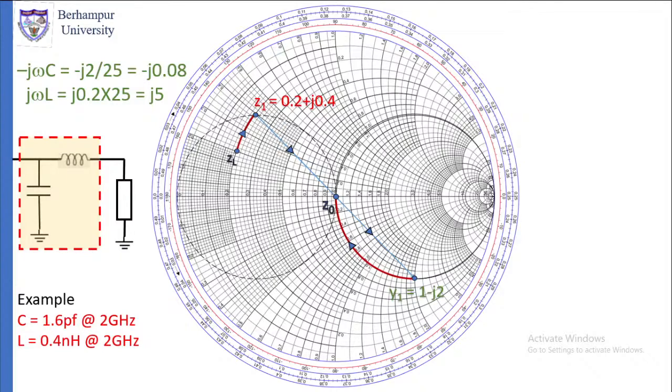There is no resistance, so there is no loss. So this is the method of matching circuits without any loss.